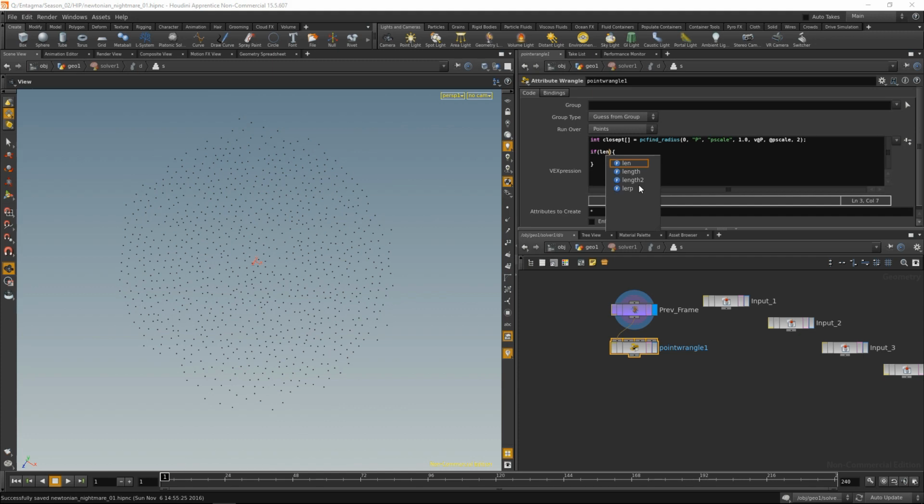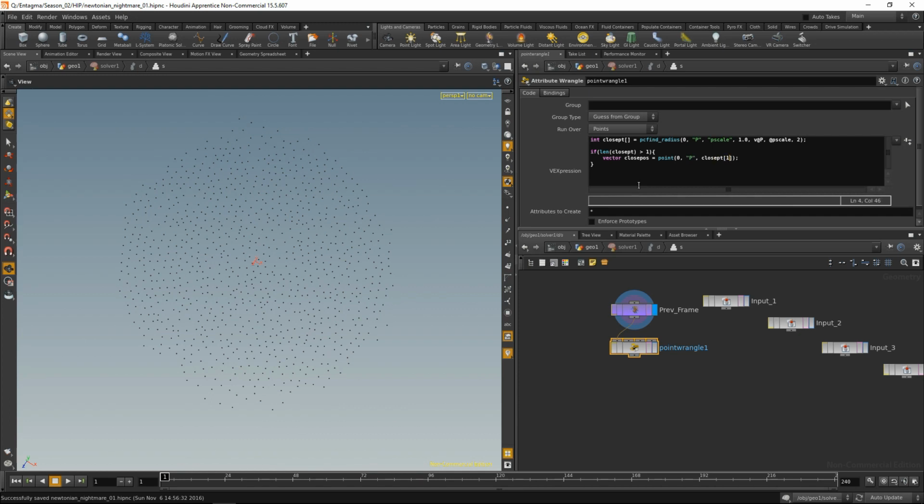Okay, let's check if our closept array is bigger than 1 element, and if it is, let's first get the position of the colliding particle by creating a vector. Let's call it closepos, and it's going to be our position of the point that's in the second list entry in the closept array.